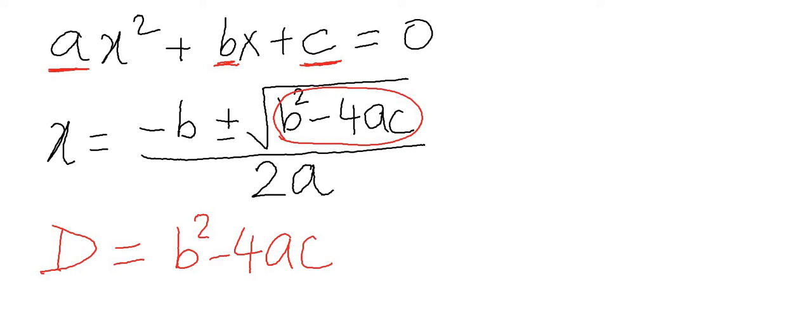Now, if D equals 0, right? So what happens? Square root of D, which is square root of 0, which is 0.